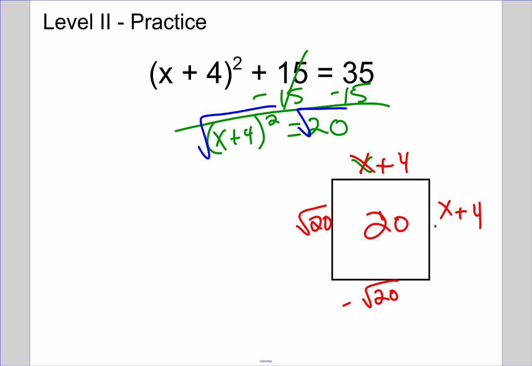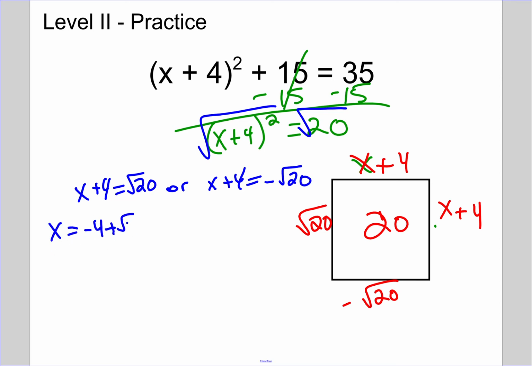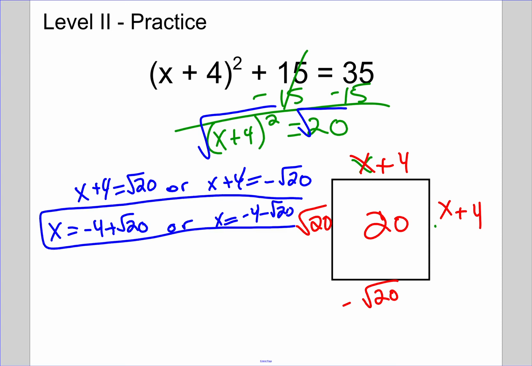We end up with x plus 4 equals the square root of 20, or x plus 4 equals negative square root of 20. We get x equals negative 4 plus the square root of 20, or x equals negative 4 minus the square root of 20.